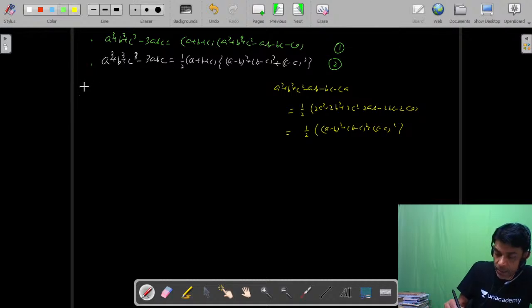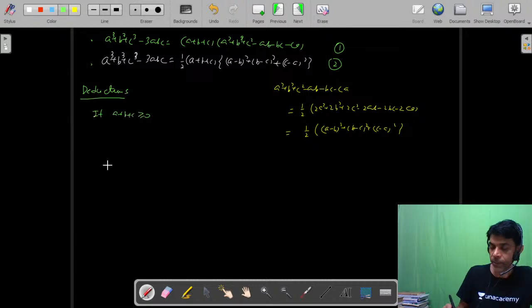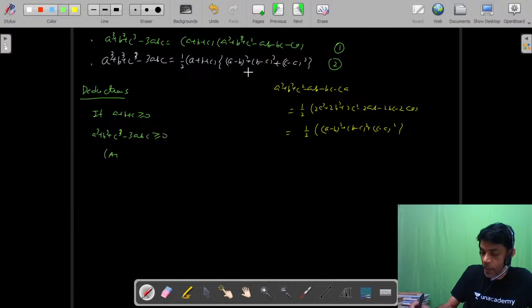Okay, some small deductions: if a plus b plus c is non-negative, then a cubed plus b cubed plus c cubed minus 3abc is greater than or equal to 0, as the sum of three squares is always non-negative, and a, b, c are of course real.